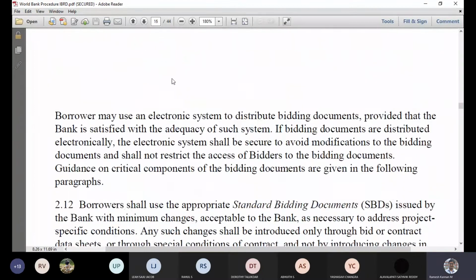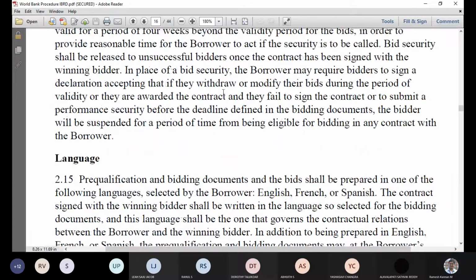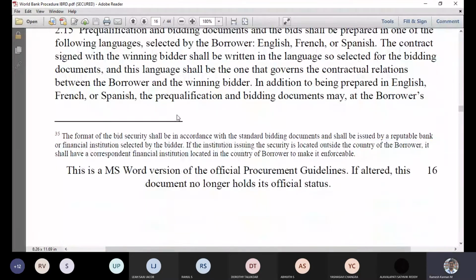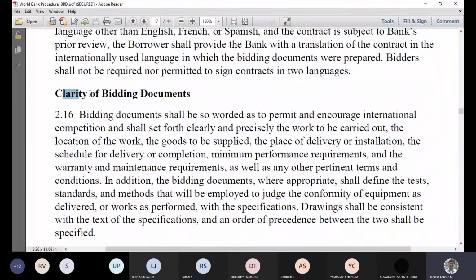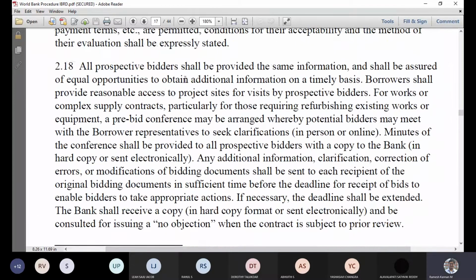And bid documents are all the general documents. Bid security is the amount to give during the submission of the bid as a surety. Language is English, and clarity of the bidding document: the evaluator can ask for any unclear points to get clarification from the bidder, and all prospective bidders shall be provided the same information, right?